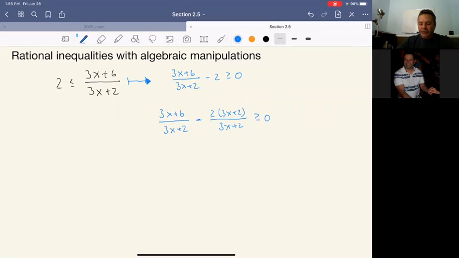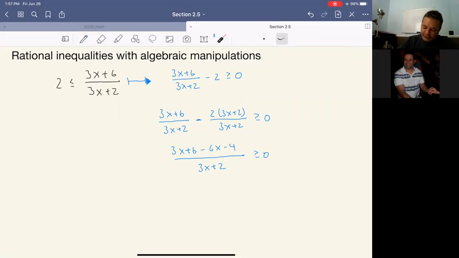Doing a little bit of manipulation: 3x plus 6 minus 6x minus 4 over 3x plus 2 greater than or equal to 0.